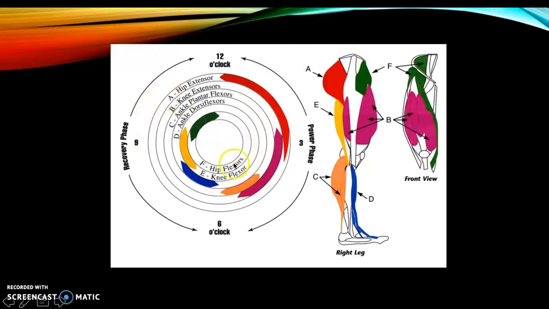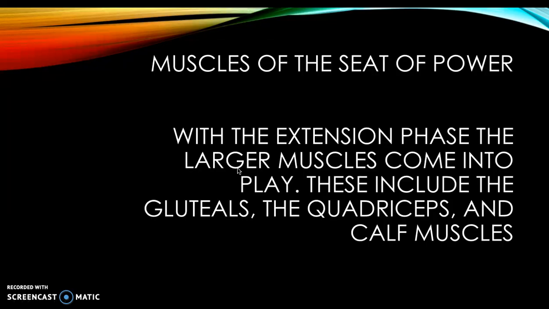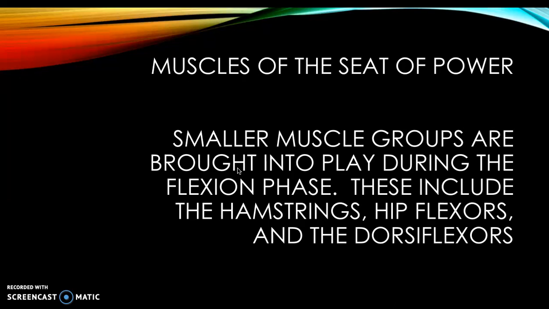And then as we retract back up, the dorsiflexors, knee flexors, and hip flexors all activate. Now, the downstroke, including the gluteals, quadriceps, and calf muscles, is the stronger part of the pedal, and the hamstrings, hip flexors, and dorsiflexors are mostly to reset the pedal back up to the top for another downstroke.